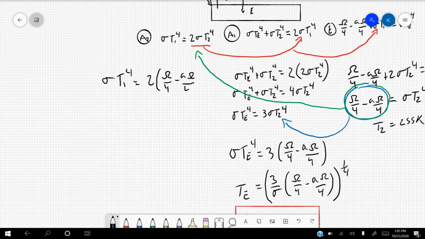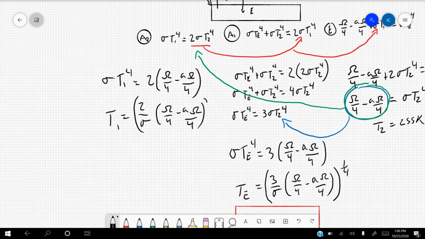So basically, the lower layer of the atmosphere is now the same temperature that the Earth was in the one layer model, and the upper layer of atmosphere is the same temperature as the atmosphere was in the single layer model. The temperature of the Earth is now 30 degrees warmer than it was, which tells us that adding more greenhouse gases to the atmosphere does indeed increase the temperature of the Earth.